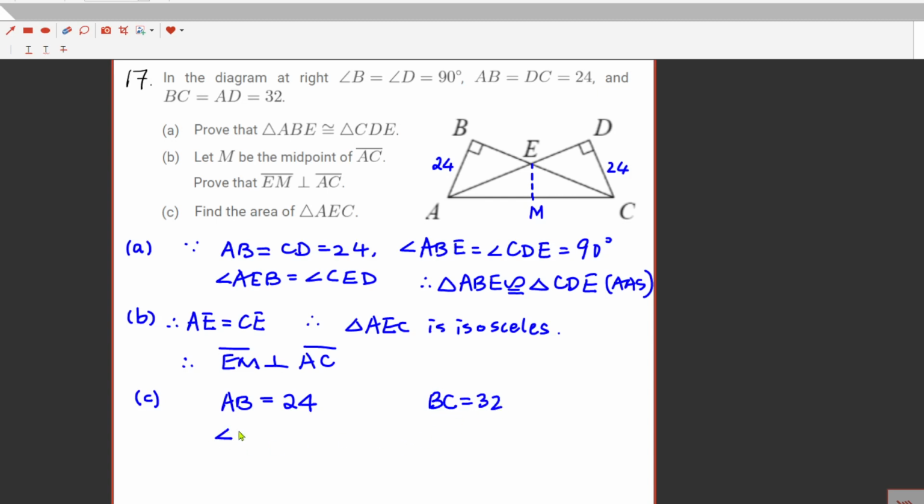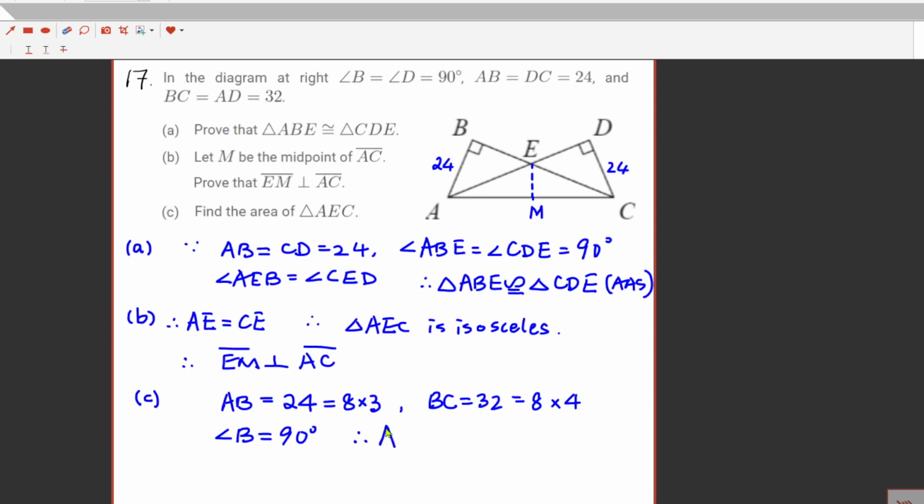And angle B is 90 degrees. So note that 24 can be expressed as 8 by 3. 32 can be expressed as 8 by 4, right? Does it remind you of something? 3, 4, 5, right? So it's actually a 3, 4, 5 right triangle.